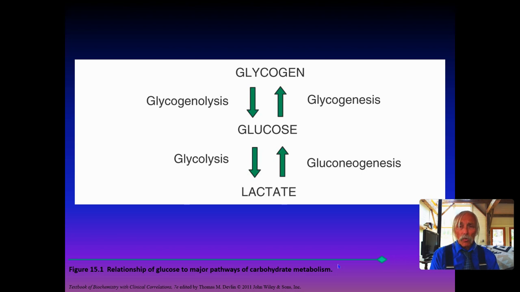Now, glucose can be stored, as I said, as a homopolymer with alpha-1,4, alpha-1,6 linkages of glucose, and that would be called glycogenesis. And then glycogenolysis would be the breakdown of storage glycogen that you could find in skeletal muscle of the liver, and then that would regenerate glucose.